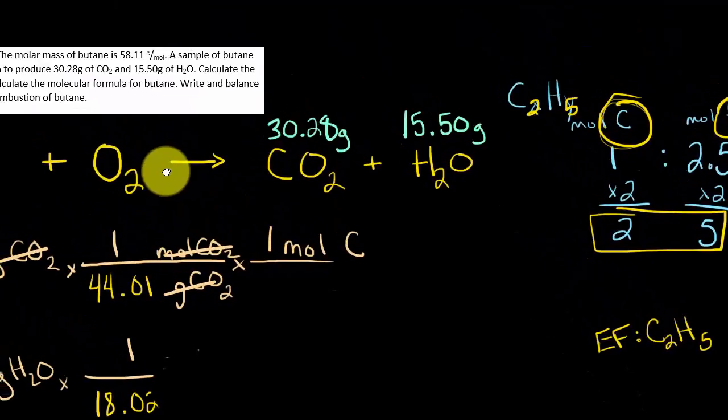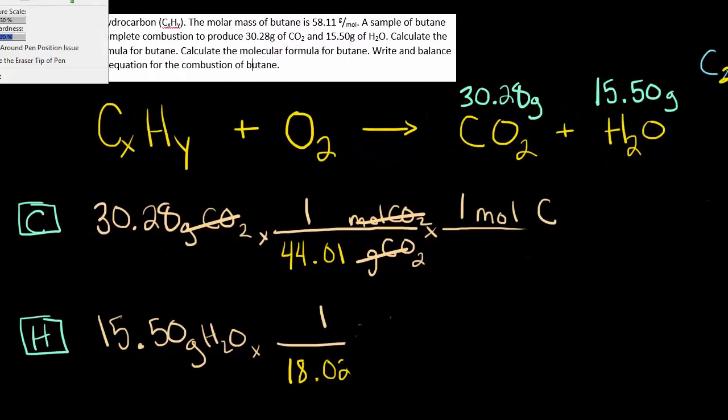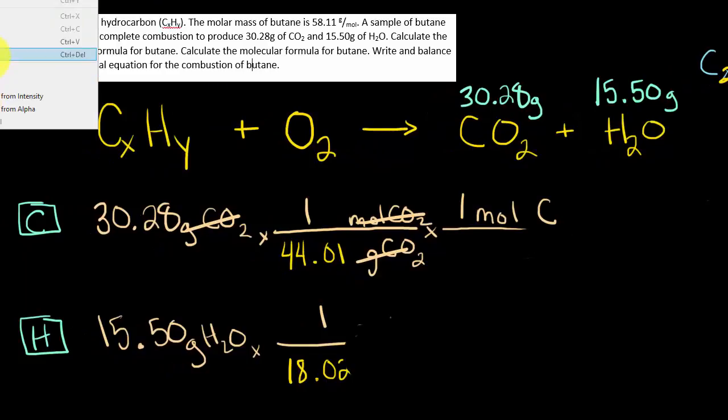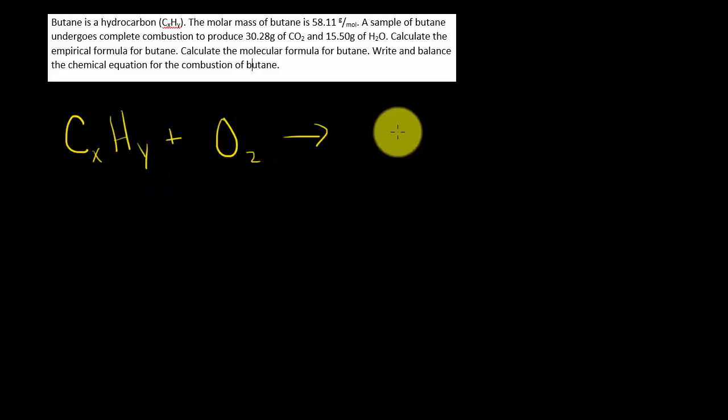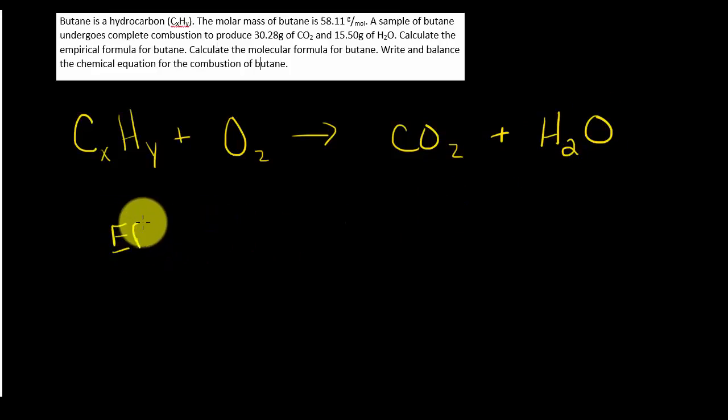Actually, I believe I'm going to clear out all my math here. Okay, let's rewrite the important information here. We have CxHy plus O2 gave us CO2 and water. And we have calculated the empirical formula as being C2H5.